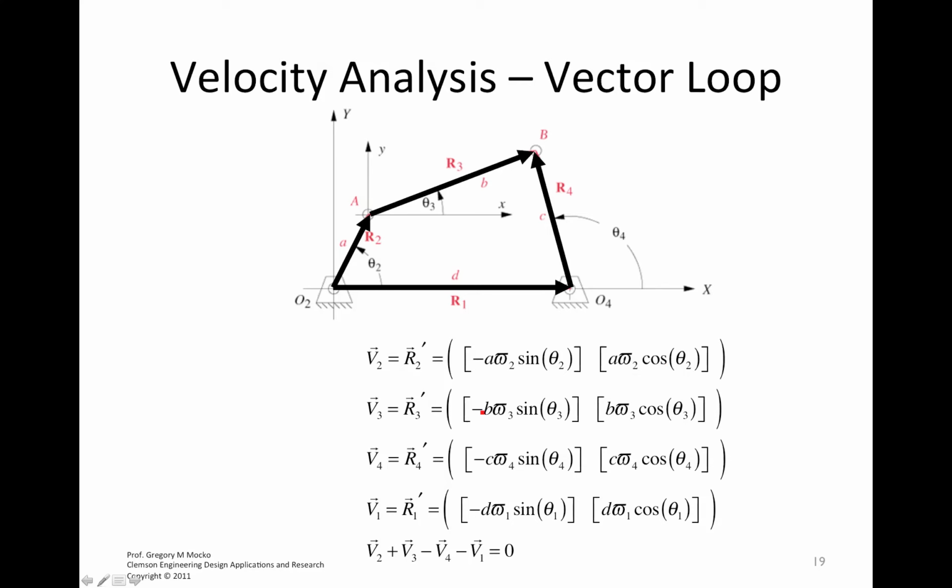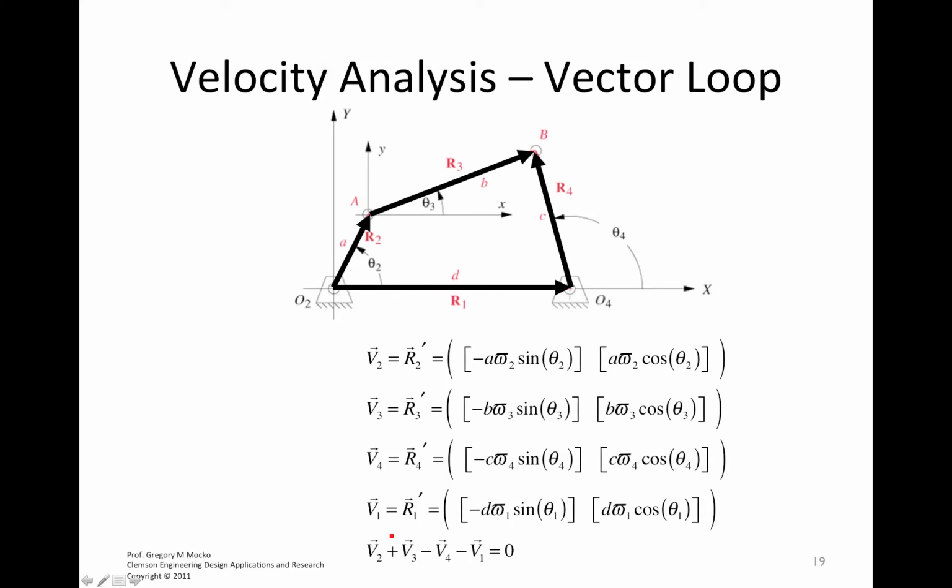Similarly, with vector 3, we have negative b times omega 3 times sine of theta 3, and the y component is b omega 3 cosine of theta 3. Also, this is the angular velocity of link 3.